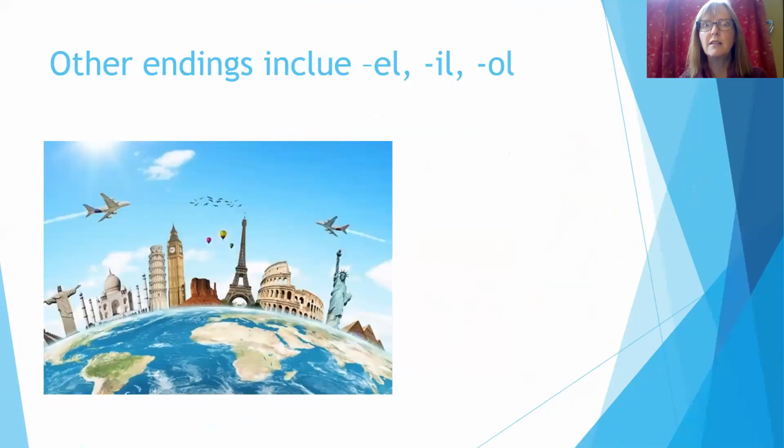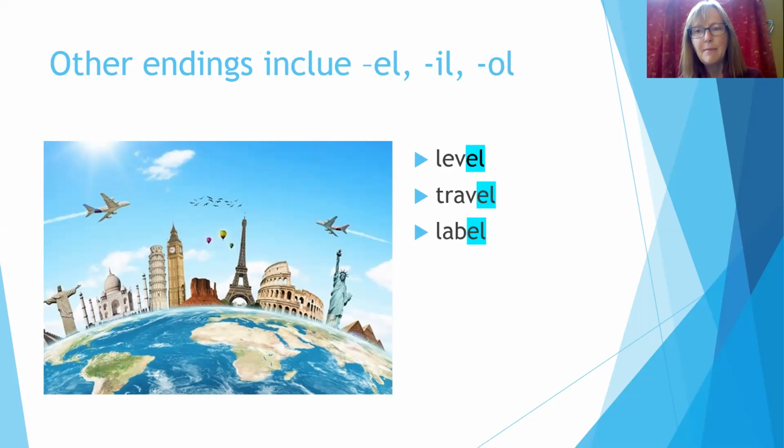So the last 3 ways to spell ul at the end of the word, remember, I did tell you there were a lot of them, are E-L, I-L, and O-L. And they're not used as commonly, but you'll recognize the words. Level, travel, like in this picture with all those fabulous places I want to go to. Travel, label, channel.